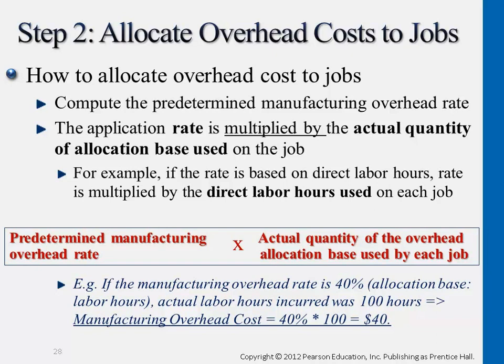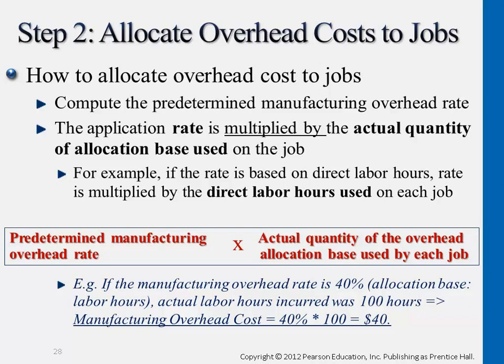Okay, so if it's 40%, we decided this already. If there are 100 labor hours used for this particular job, then the indirect cost will be $40 for this job. So you will record $40 here, transferred to work in process, $40. Okay, so if it's 1,000 hours, then it will be $400 here.